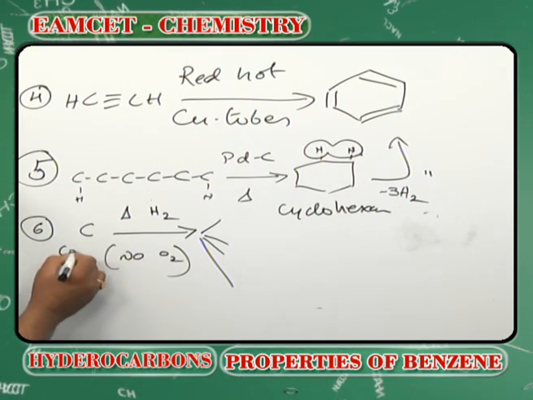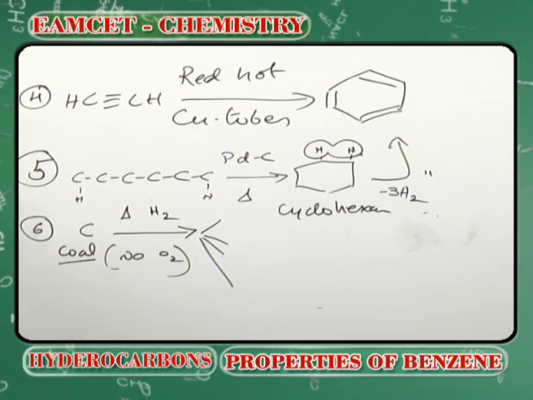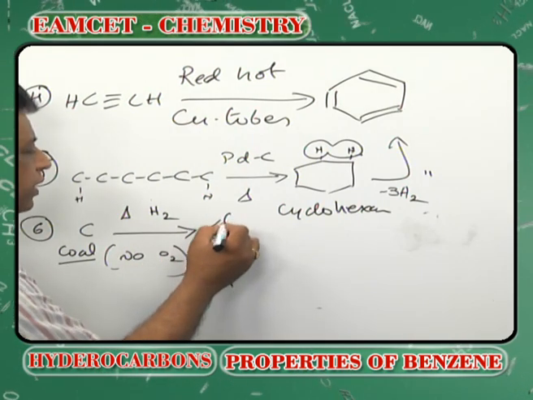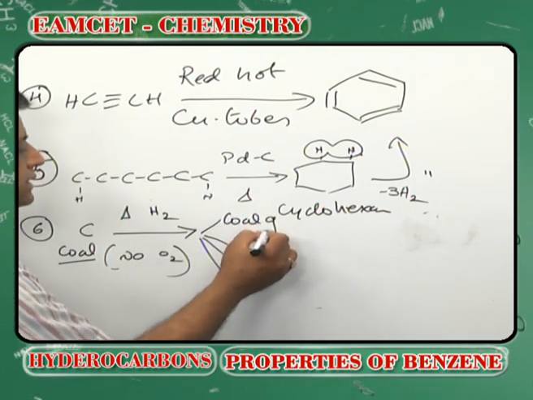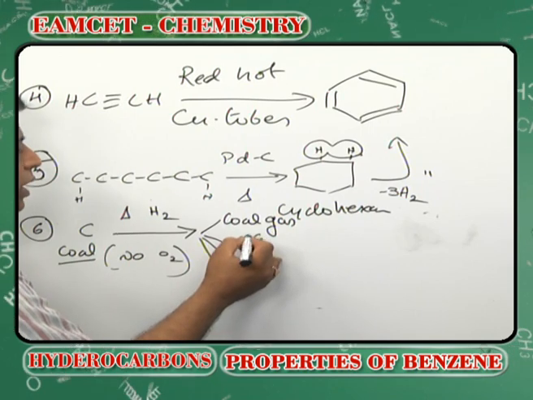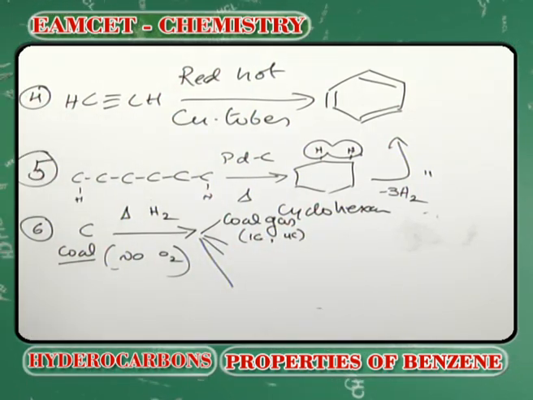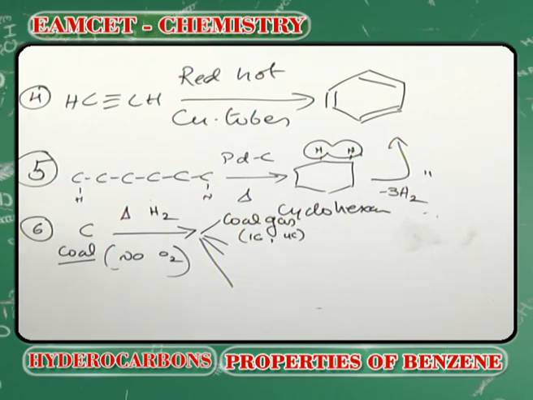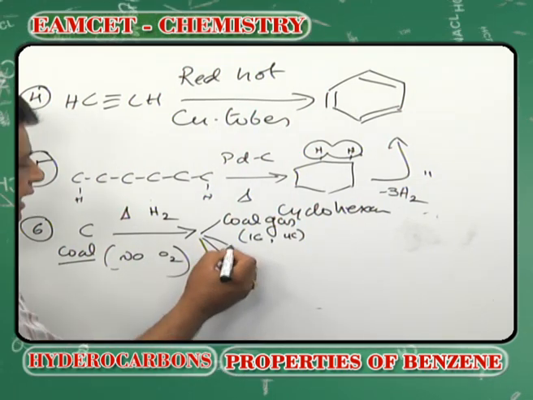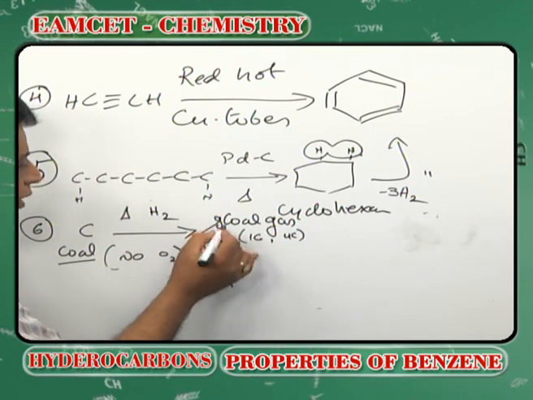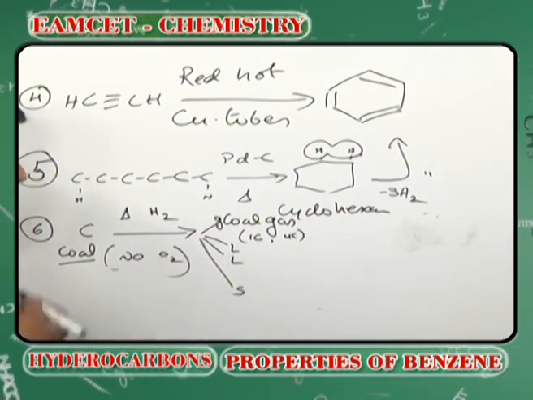Coal destructive distillation will give a gaseous product called coal gas. This contains mostly 1 carbon to 4 carbon hydrocarbon gases like methane, ethane, propane, butane and so on. Then there are 2 liquids, and 1 solid is also formed.